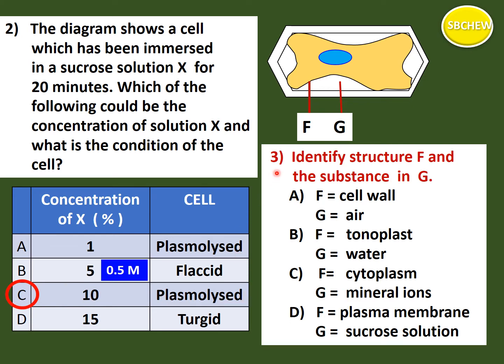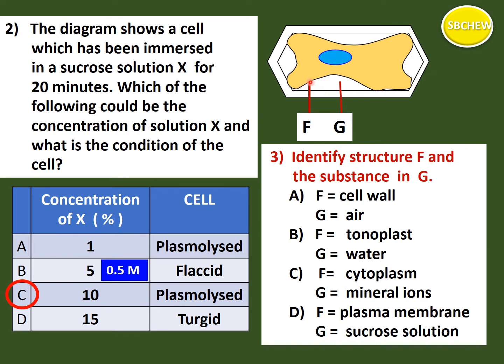Now, number 3, identify structure F and the substance in G. As we said, F is the plasma membrane, right? So it must be D. But what about G? When we immerse the plant cell in a sucrose solution, the sucrose solution can move through the cell wall here, because the cell wall is not like the plasma membrane.